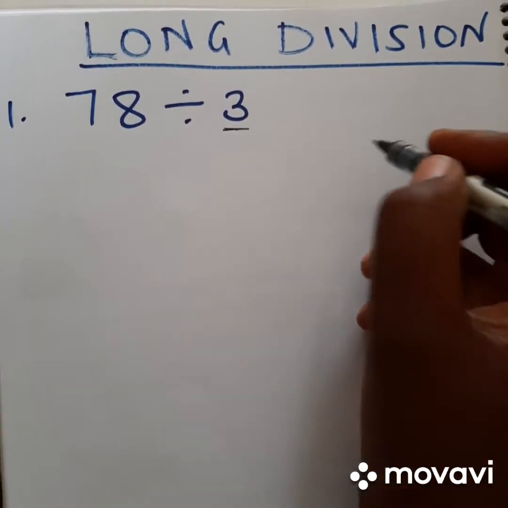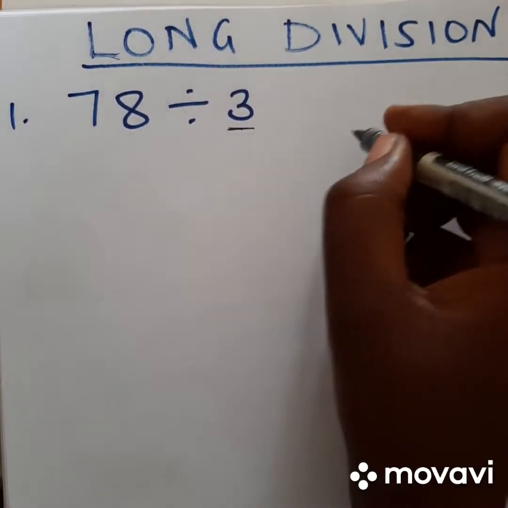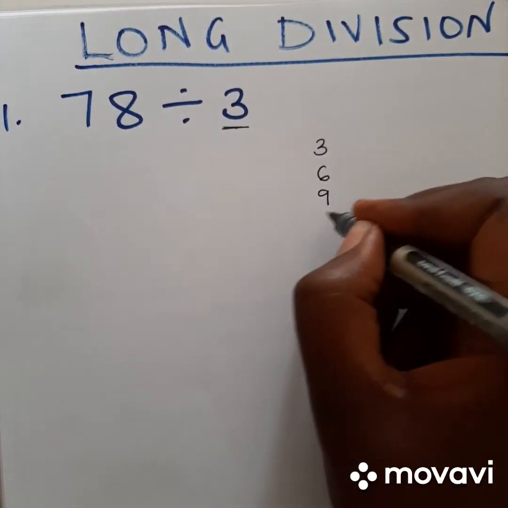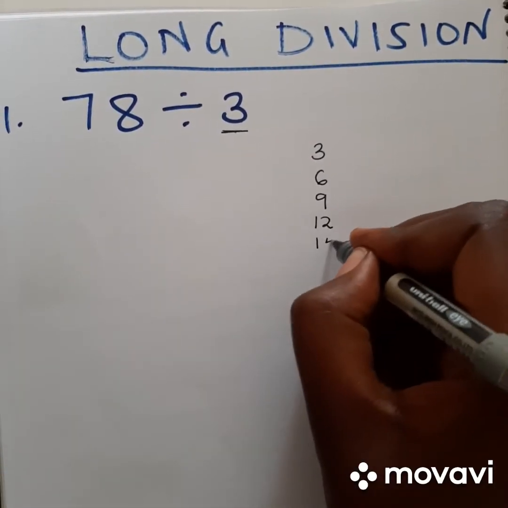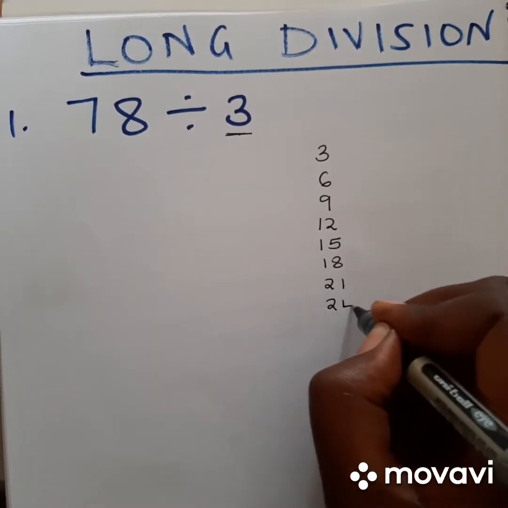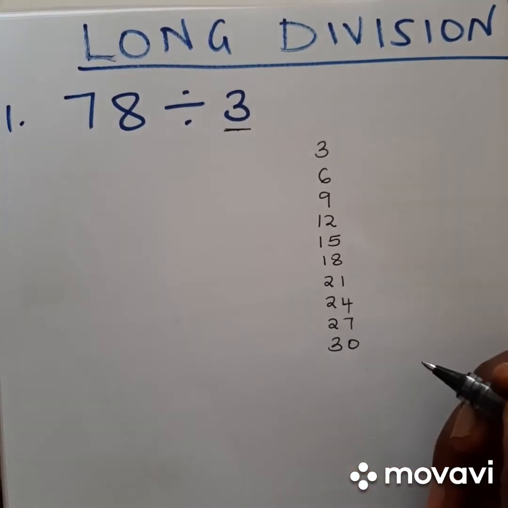You can do it this way. You can write the first 10 multiples of 3, and that is 3, 6, 9, 12, 15, 18, 21, 24, 27, and 30. What does this mean?